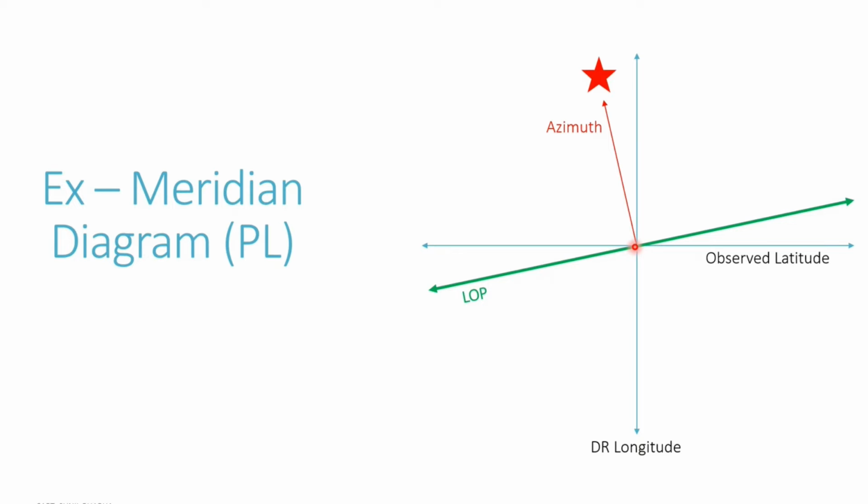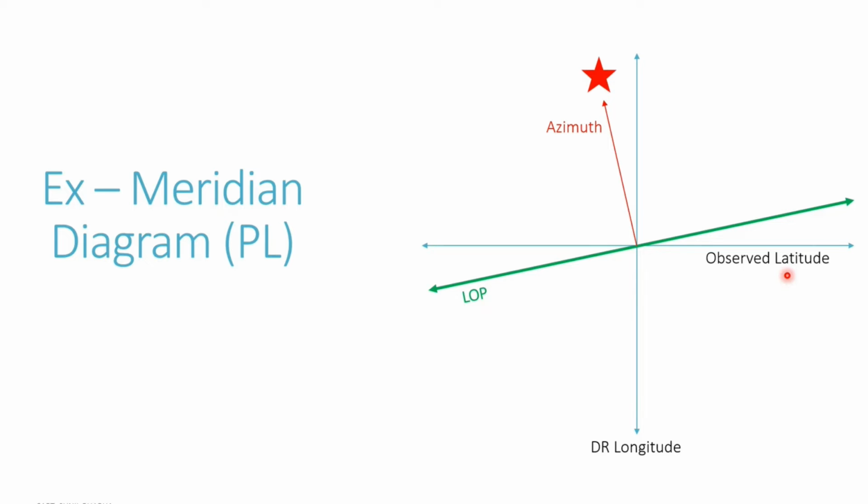Now you can see that the observer or the vessel can be anywhere on this PL, and if it is at any point on this PL, it is possible that the fixed latitude may be different from the observed latitude. Observed latitude just gives you a reference position from where the PL is passing.